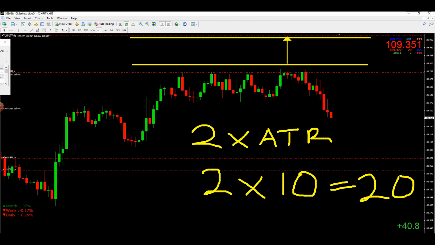So as we've seen here, there are 2 ways in which I exit a trade. I exit using structure, but then if you enter at structure, you want to then add 2 times your ATR. Some would use 3 or some others even 4, but I don't want to risk too much. I basically want to have a good risk to reward ratio.